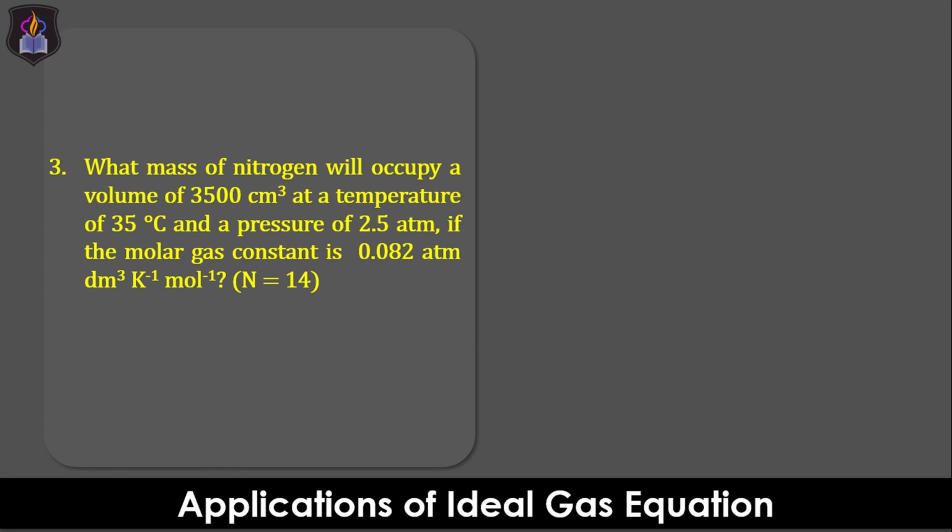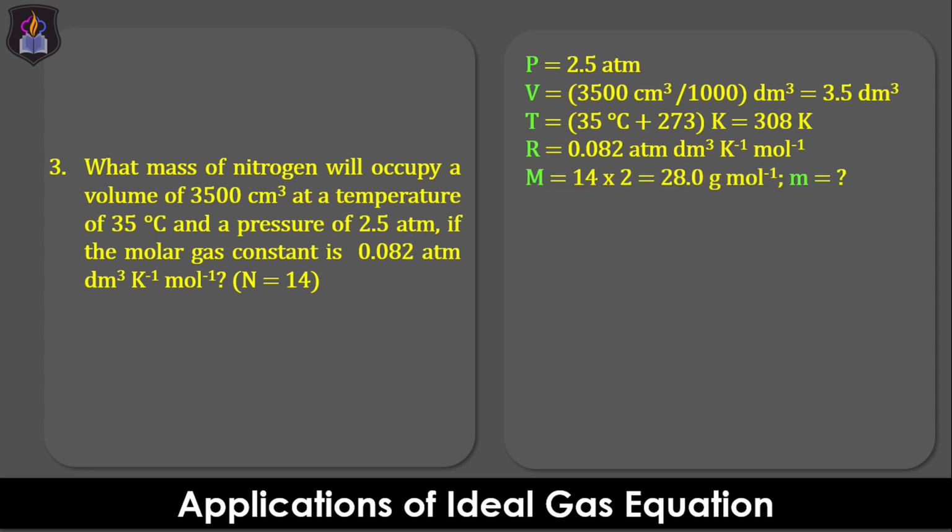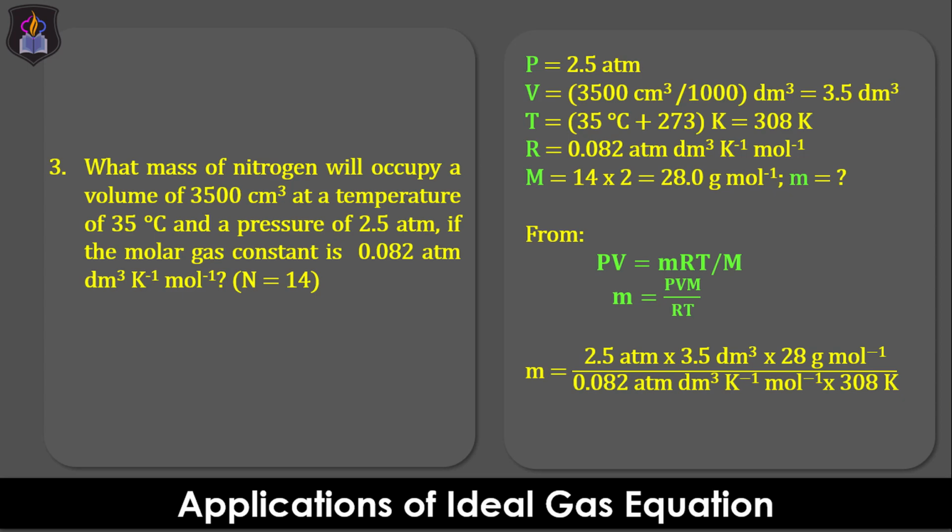From the parameters provided, pressure is 2.5 atm, volume is 3500 cm³, which is equivalent to 3.5 dm³, temperature is 35 degrees Celsius, which is equivalent to 308 Kelvin, and molar mass of nitrogen is 28 grams per mole, since it is a diatomic molecule. So using the ideal gas equation, PV = mRT/M, making small m the subject of formula and evaluating the equation, we obtain 9.701 grams as the mass of the gas.